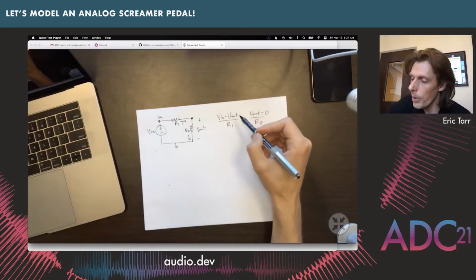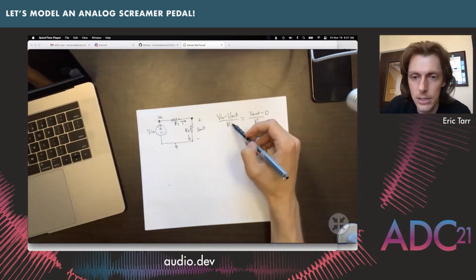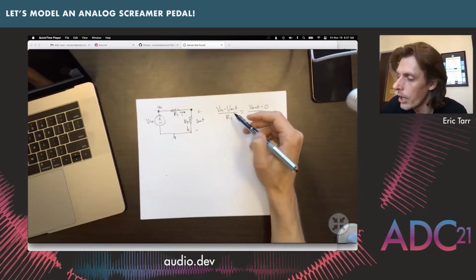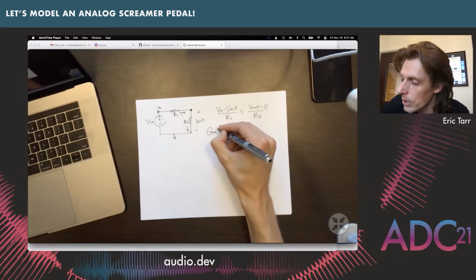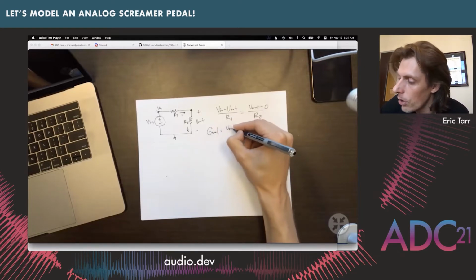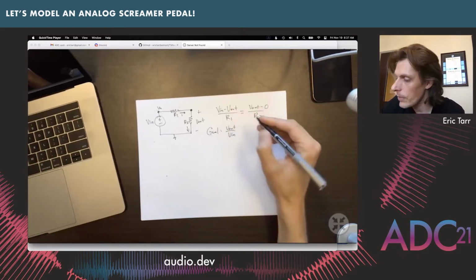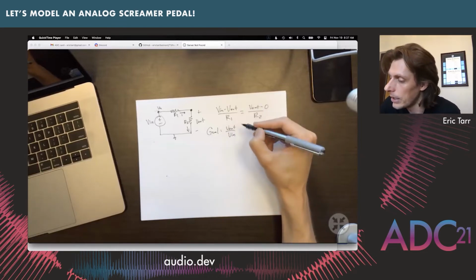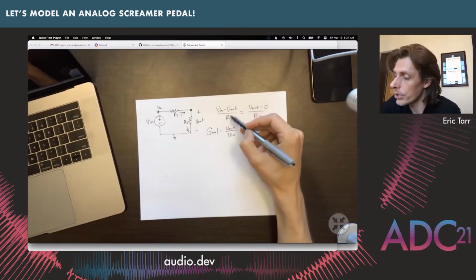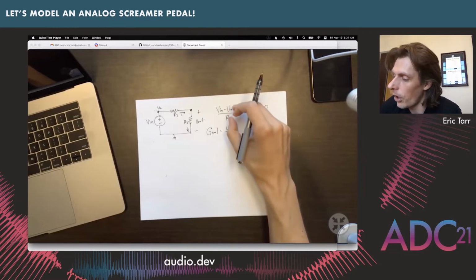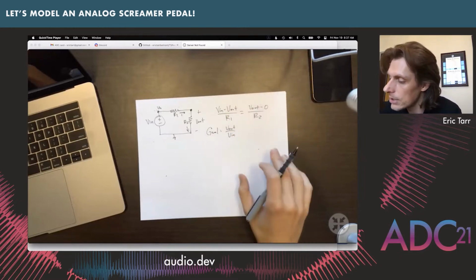Okay, so what we want to do is rearrange this so we can put it in a special form. Our goal is to write this as V out over V in. So we need to rearrange the terms to make this happen. Let's put all the V outs on one side and the V ins on the other side.